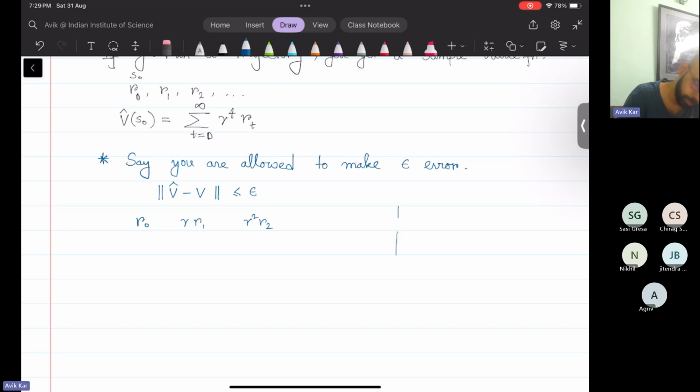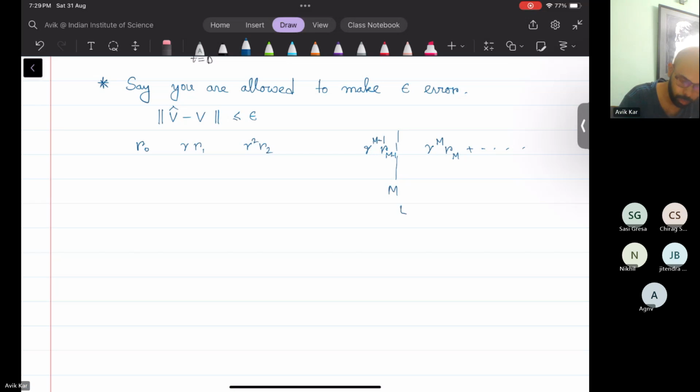Look at the nth step: gamma raised to n minus 1 R n minus 1, and then gamma raised to n and so on. My question to you is, what is the upper bound of this summation, given your reward is bounded in 0 to 1?